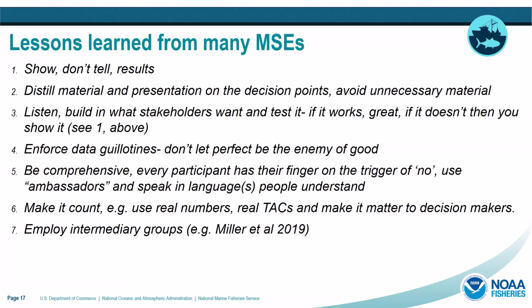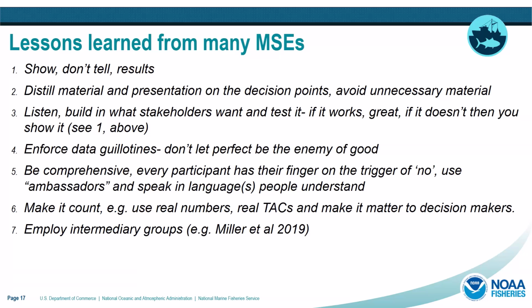Use real numbers, real TACs, and make it matter to decision makers. We found that with many of the tuna RFMO commissioners, the ones really deciding, anything we said didn't matter till we put TAC numbers on the table. Once there were TAC numbers and they knew that this was going to be binding advice, they asked us for more meetings.